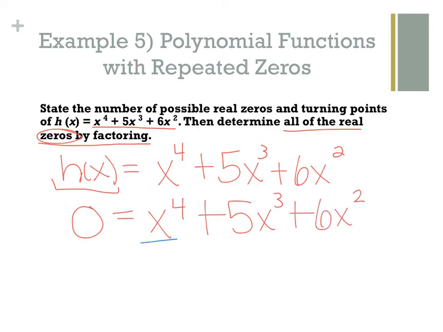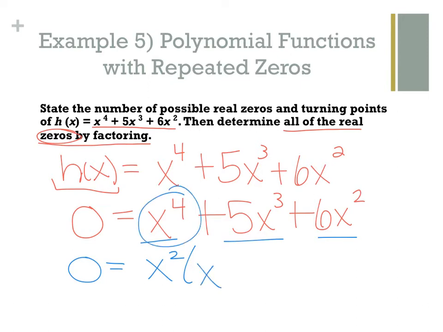First of all, I can see that these three terms, x to the fourth plus 5x cubed plus 6x squared, have a common factor of x squared. So there's two x's that I can factor out of each term. If I factor out an x squared in front, that leaves me with x squared on the first term, because if I were to distribute the x squared back in, x squared times x squared is x to the fourth.